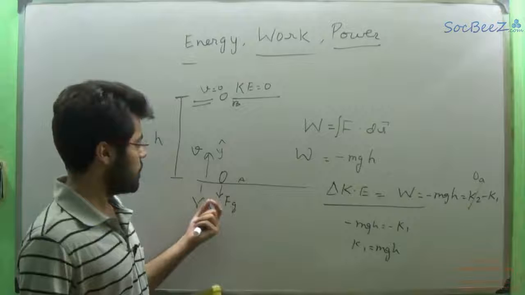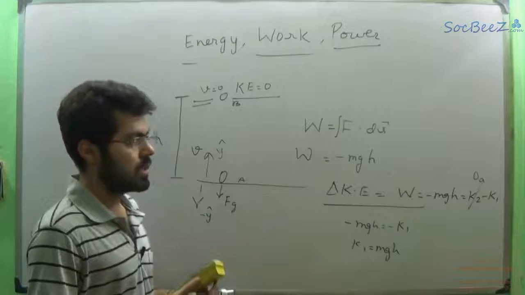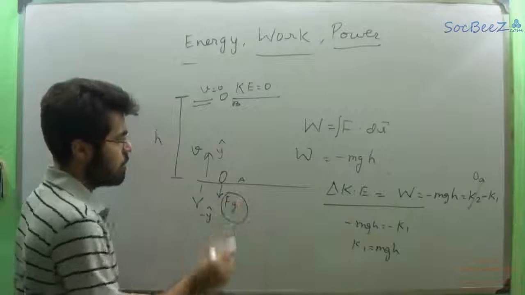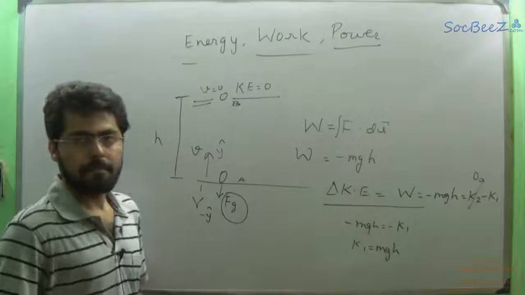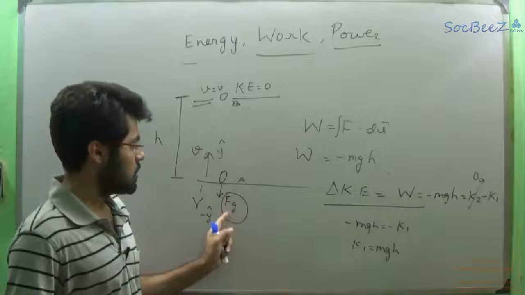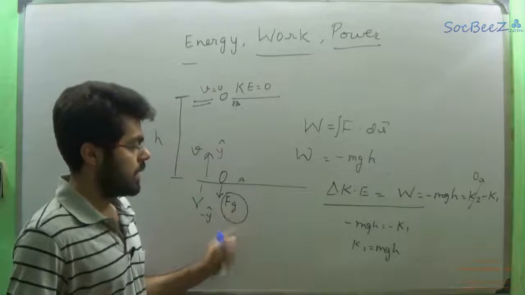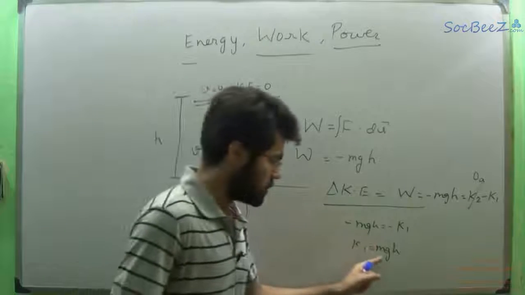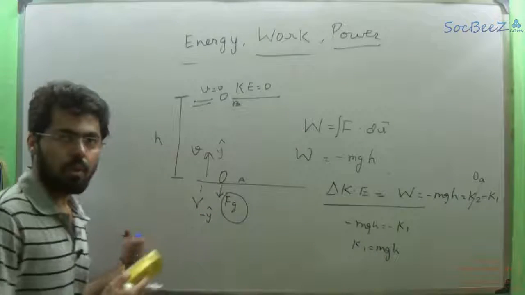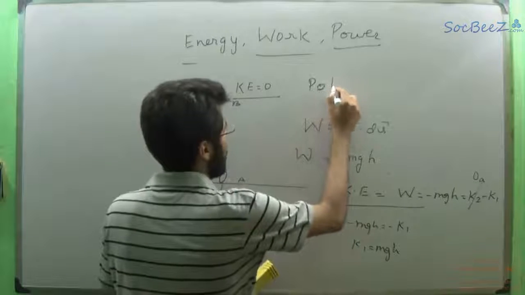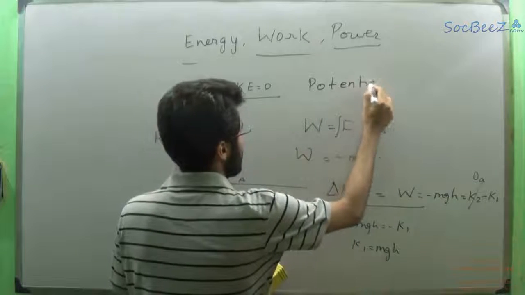Because we are applying a force, though it's reducing its velocity, there is a field here, gravitational force. So this is the main cause of the force. So what role does it play? It is converting your kinetic energy into another form of energy, and that we call potential energy.